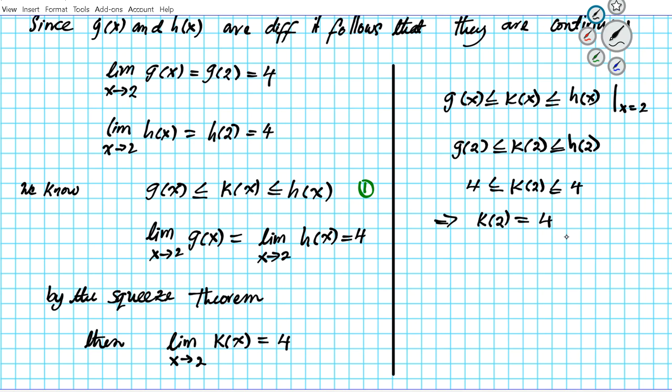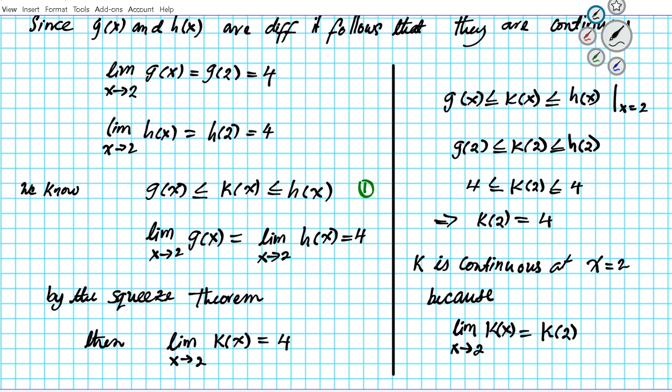All right? So the right-hand side of the equation is also 4. So now we know for a certainty that k is continuous at x equals 2 simply because the double-sided limit as x approaches 2 of k of x is equal to the value of the function and is equal to 4.